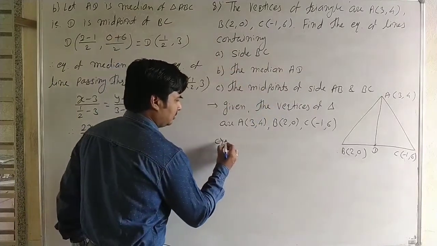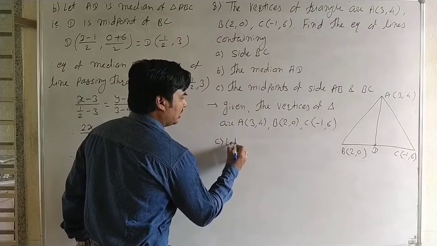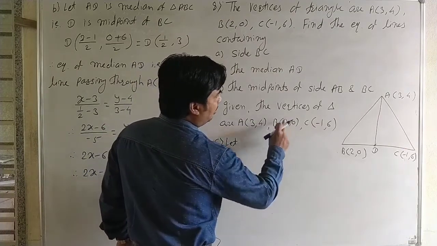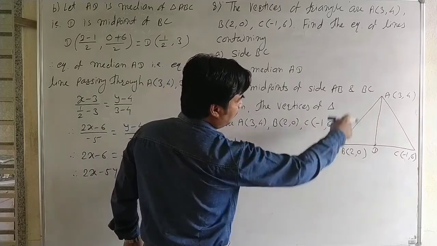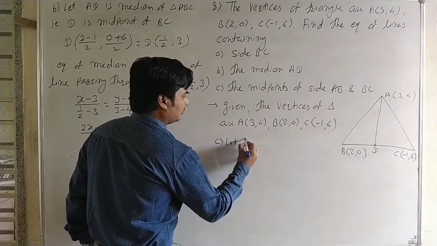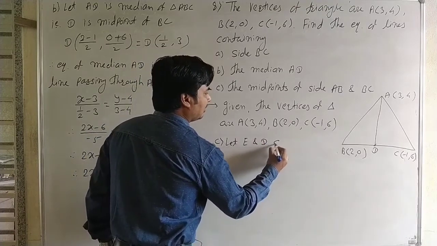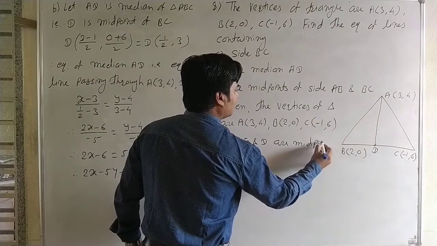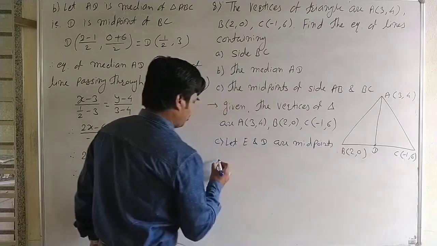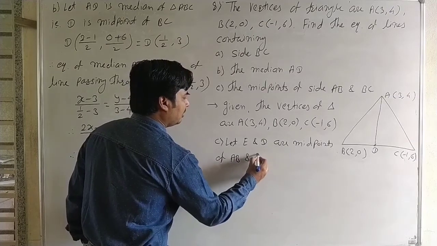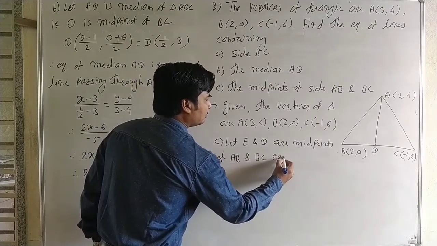Now let us consider the two midpoints. Let E and D be the midpoints of AB and BC respectively.